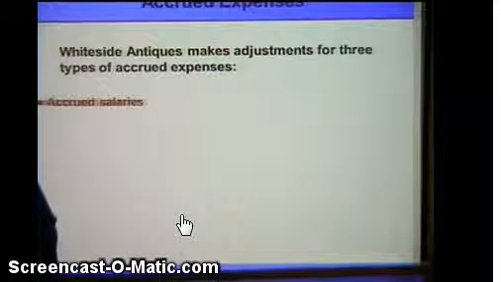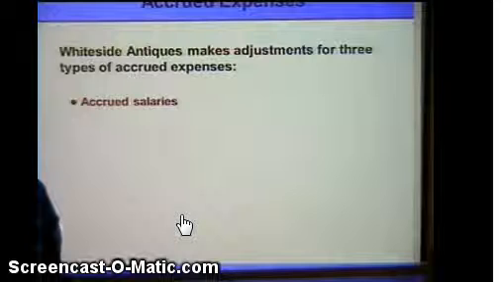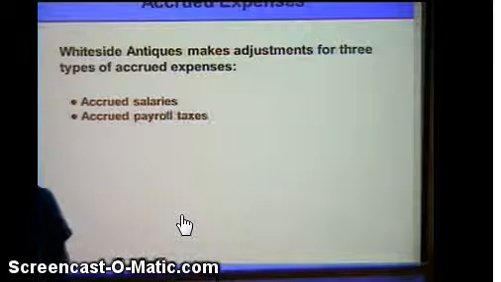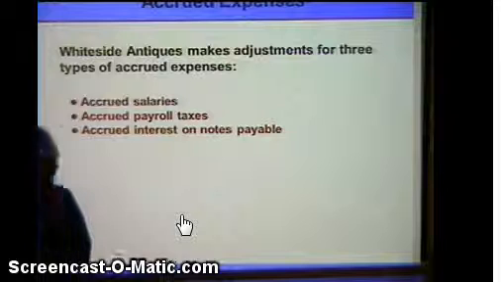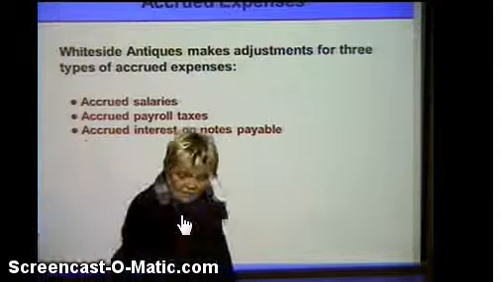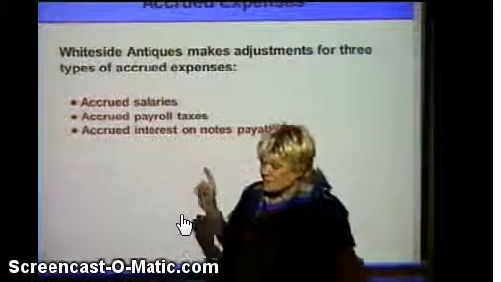Okay. So we make adjustments for more. We accrue our salaries, and we'll talk about that a little bit, and the payroll taxes and interest on notes payable. Now, I want you to just think about this for a moment.